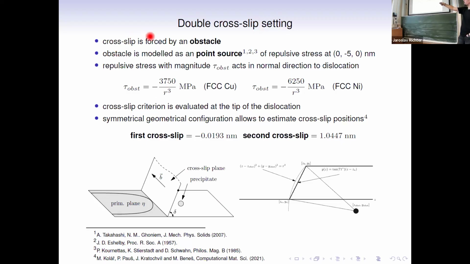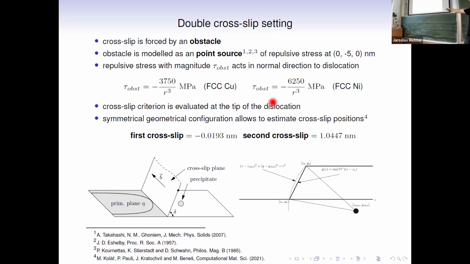And how we verified the models was on a very simple computational setup. Our cross-slip effect was formed by one single obstacle, which was symmetrically placed inside the channel. So it was a very naive, very primitive setup. Such an obstacle was like a point source of some diffusive stress, which looks like this one. By the way, this 1 over r cubed is very typical from the literature for precipitates in FCC metals, for example FCC copper.